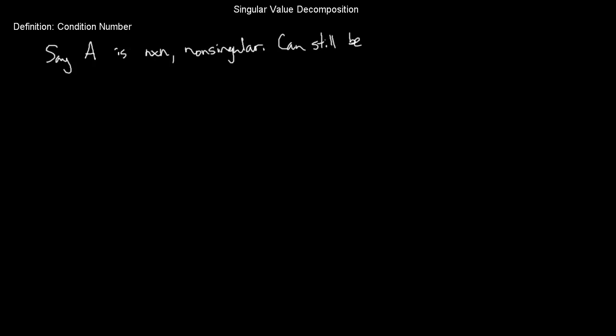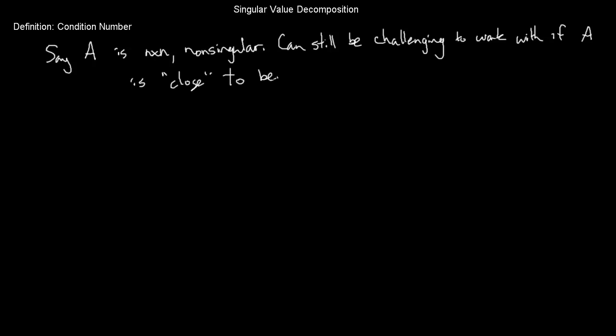Well, even with a non-singular matrix, some of the singular values might be very small. And when the singular values are very small relative to the larger ones, it can be really hard to work with, because A will be very close to being a singular matrix.